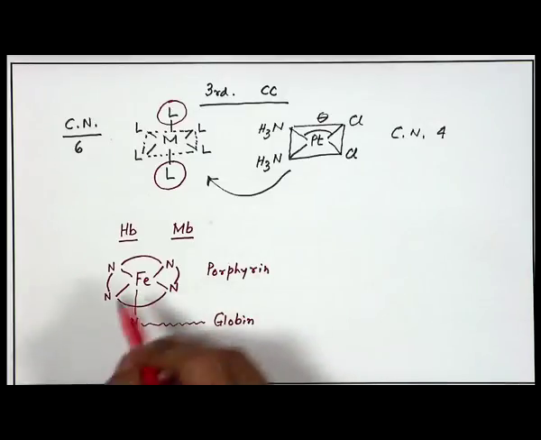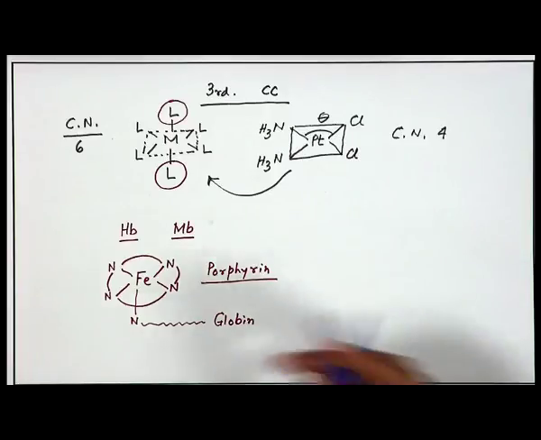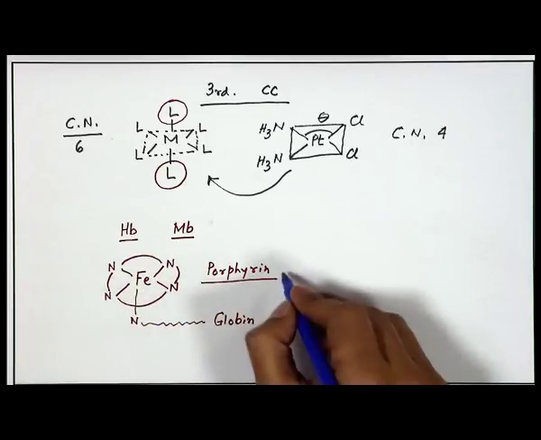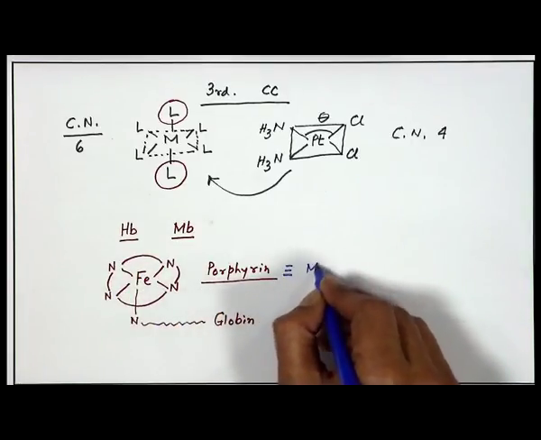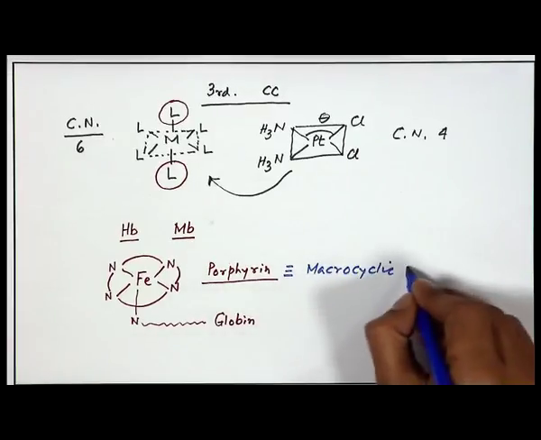So, you see slowly in the biological system also how we can develop this coordination by initially giving a typical square planar ligand, which we call a macrocyclic ligand.